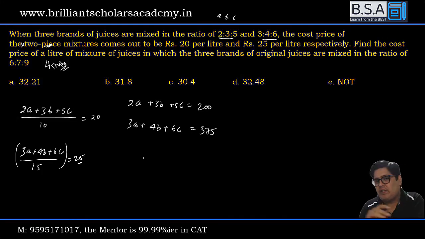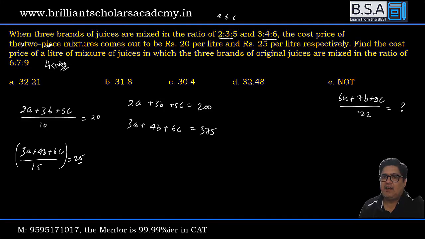Now, after solving everything, what I want from you guys is 6A plus 7B plus 9C upon 6 plus 7 plus 9. That is 22. This is what I want as the answer. See, denominator is fixed. Now, one way to solve this is by finding each and every value.